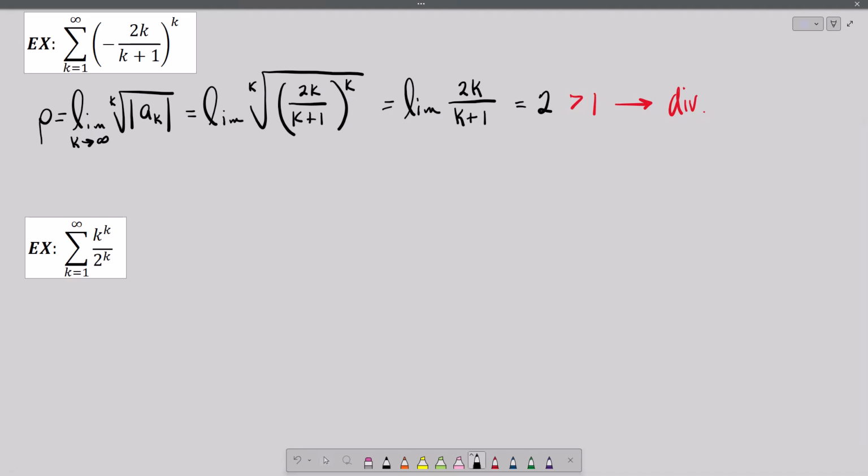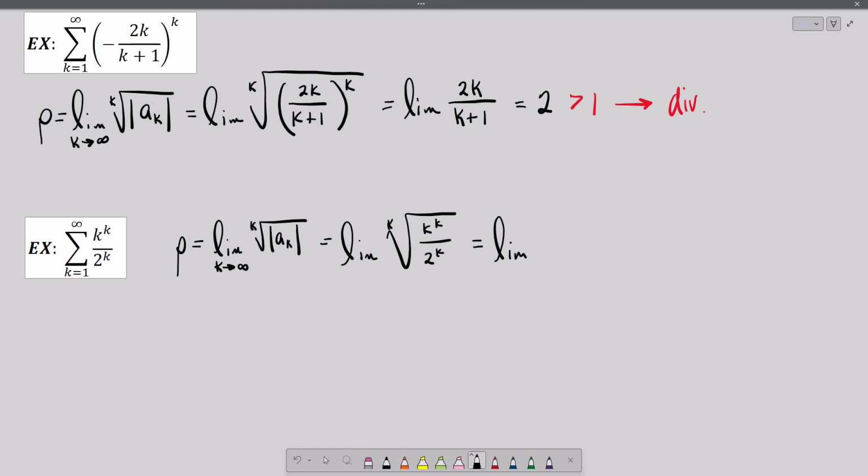All right, let's try this one. So here, rho is equal to the limit as k goes to infinity of the kth root of the absolute value of a sub k. Everything is positive here already, so we don't have to deal with taking away a minus. And we're going to do the kth root of k to the k over 2 to the k.